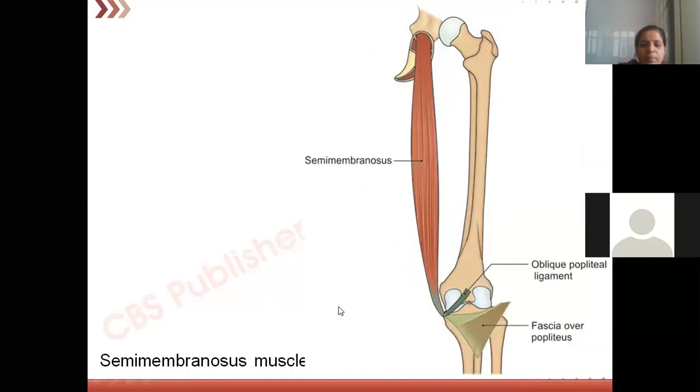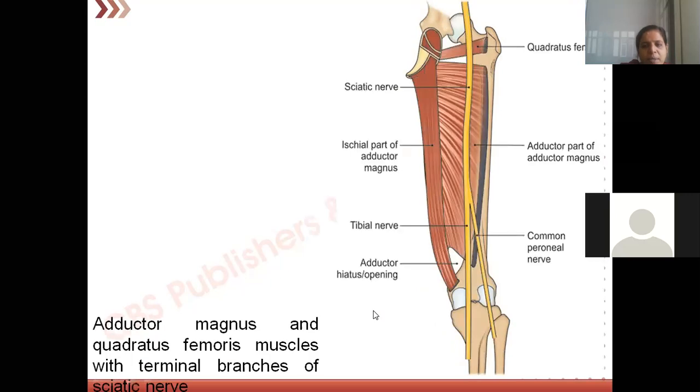Then semimembranosus is getting inserted on the posterior aspect of the upper part of the tibia. That is semimembranosus. So we saw semimembranosus and semitendinosus. And where is the adductor magnus getting inserted?